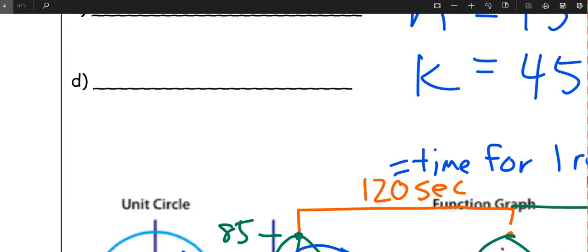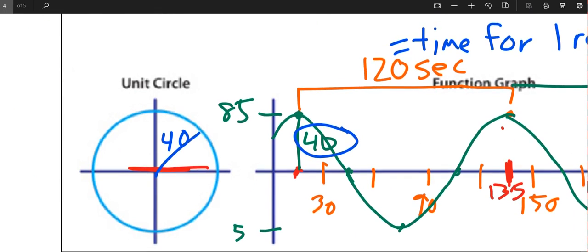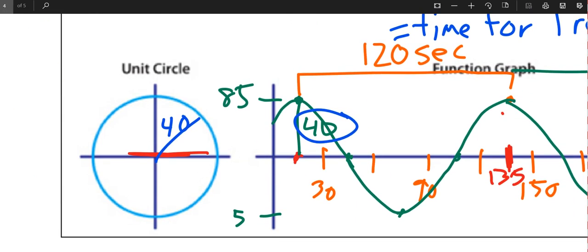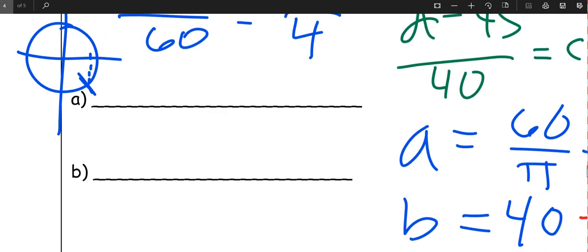Now, look at my wave. Doesn't it make sense that I was above 45 but below 85? So I started this at 73.3 feet off the ground.